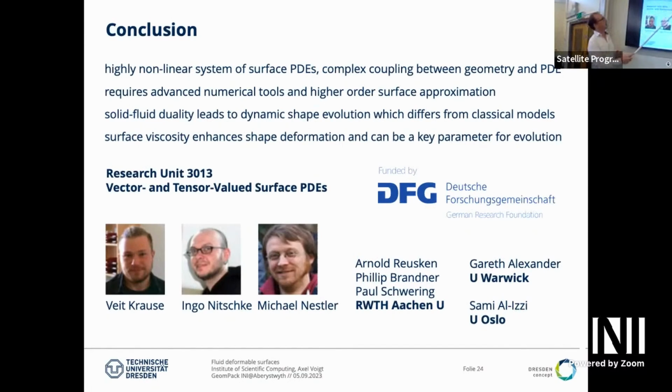What one needs is some higher order surface approximation. With linear or piecewise constant triangles, this simulation would not work; one would not get these convergence properties. And this solid-fluid duality leads to dynamic shape evolution which is different from the classical models.